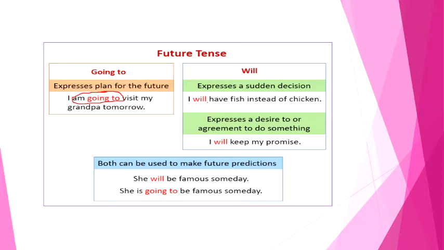So both these words, will and going to, express that the tense is simple future tense. Both can be used to make future predictions. She will be famous someday. She is going to be famous someday. Dear children, we had this discussion when we did the future tense in the previous sessions. I'm sure you remember.